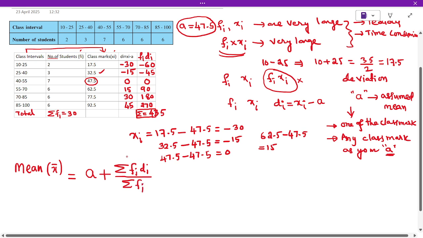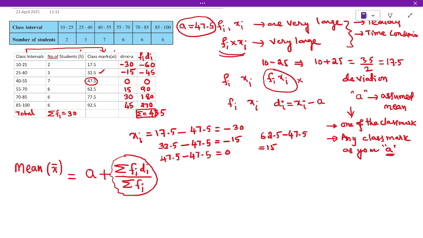This number will become very small, because I reduced the values, and for that I add the middle number, the assumed mean. I assumed one number as mean, then I take the deviation, how much deviation there is from the assumed mean. That is calculated from this part.